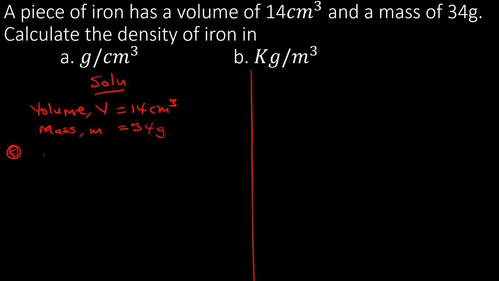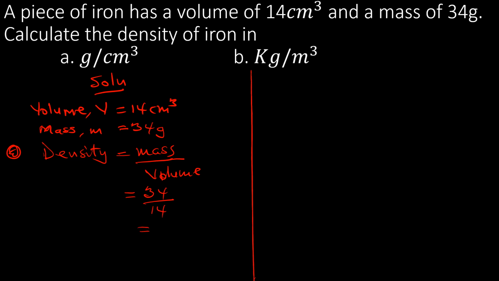And the formula for finding density is mass over volume. So the value for mass is 34, and the value for volume is 14.